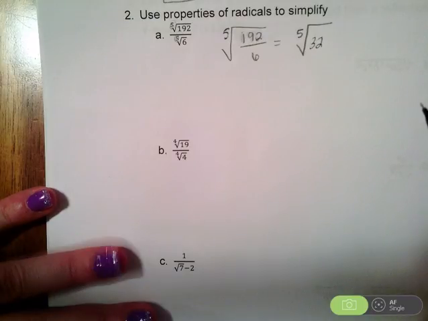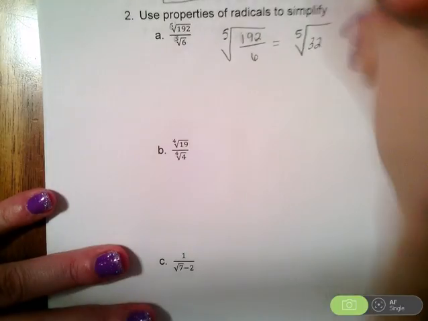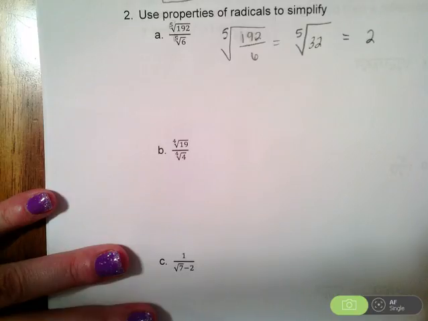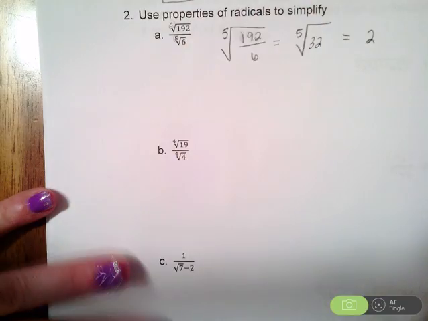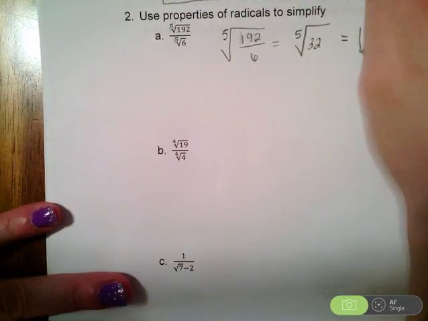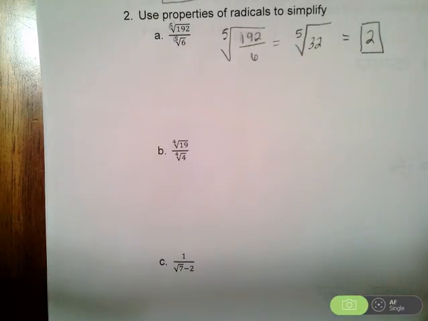And then the 5th root of 32 is 2, okay? And if you didn't know that, you could make a factor tree, but I'm going to say that you believe me as of now, all right? And because we have an odd index, we're going to keep our sign, which is positive, okay? So there's that.